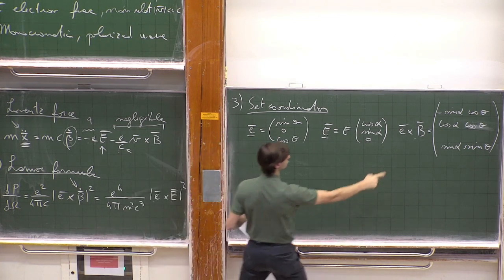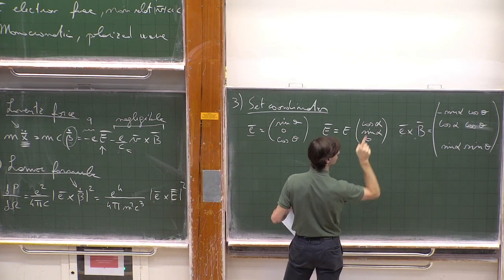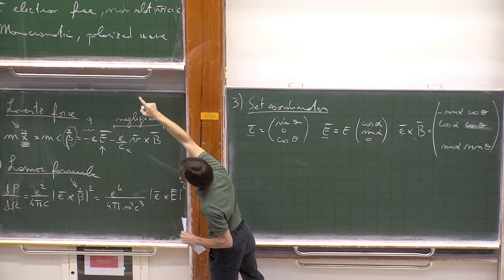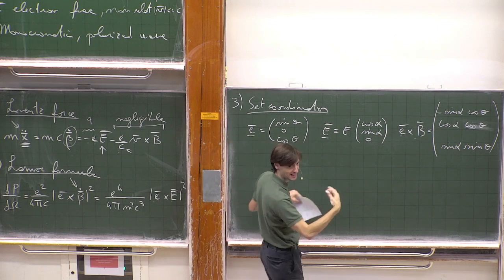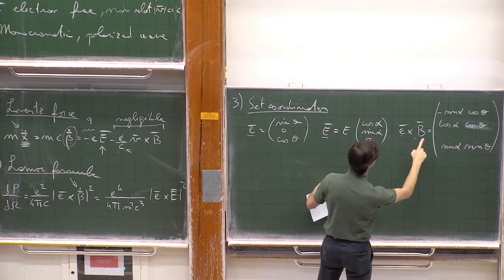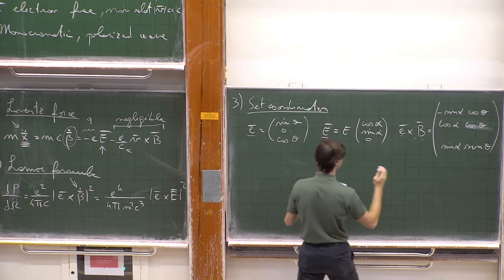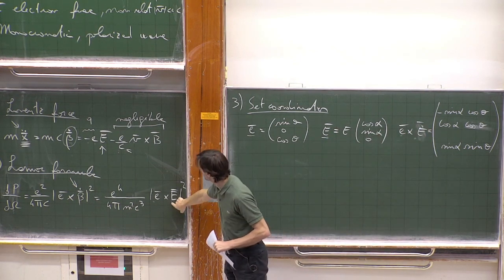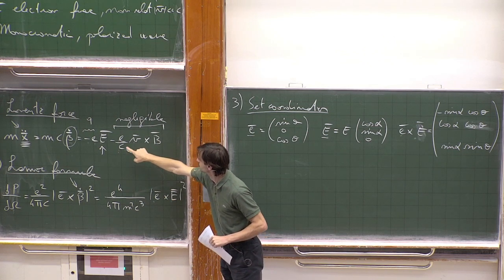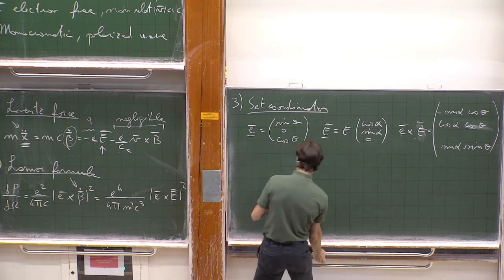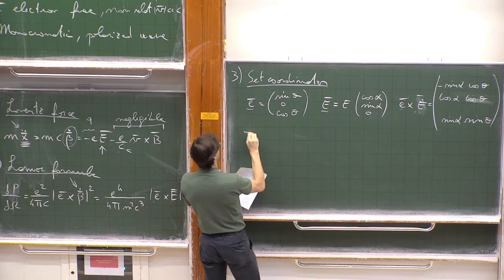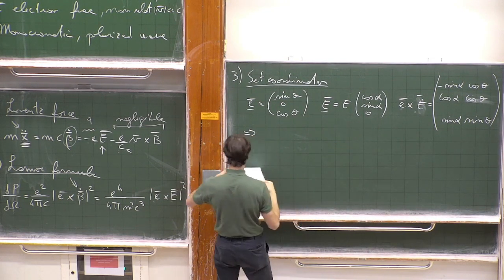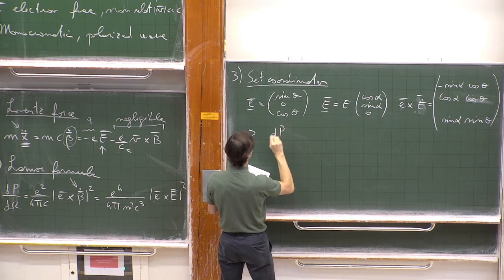Which is orthogonal to the direction of propagation of the electromagnetic wave emitted from the electron, so the scattered radiation, and the electric field, sorry, the electric field that is coming from the acceleration of the electron.